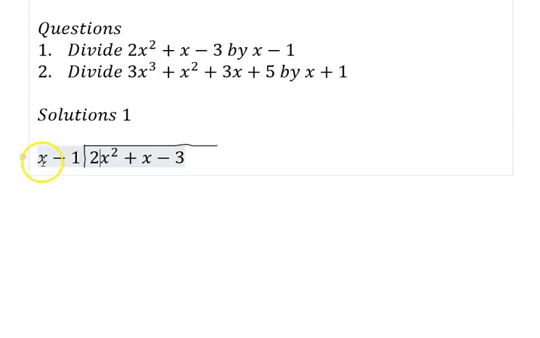How many times will x go into 2x squared? You have x here. If you remove one x from 2x squared, you'll be left with 2x.